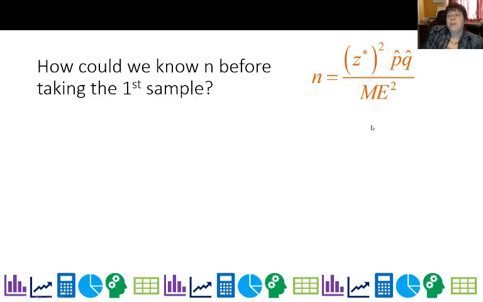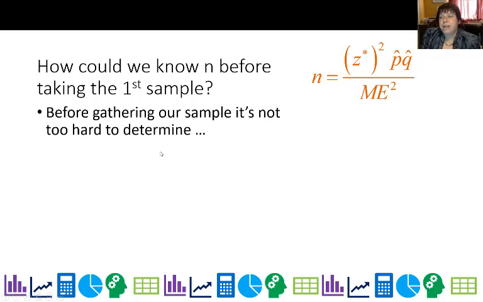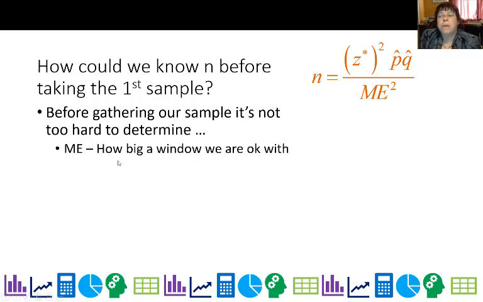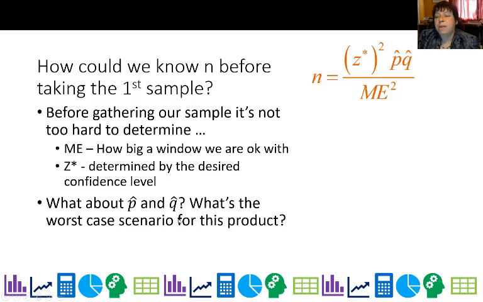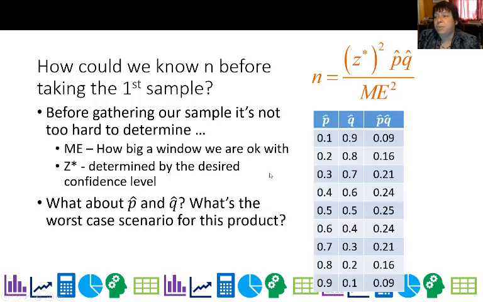Now, how could we know n before we're taking the first sample? Well, before gathering data, it's not that hard to determine. Margin of error: how big of a window are we okay with? Critical value: that's going to be determined by our confidence level. But what about p hat and q hat? What's the worst case scenario for this product?